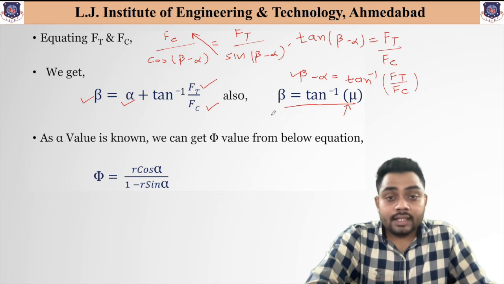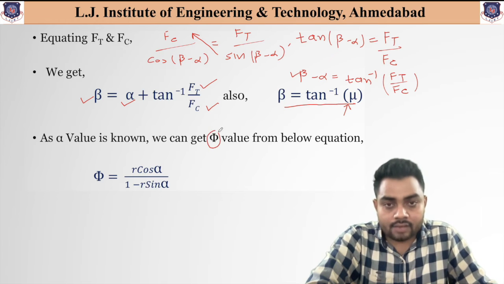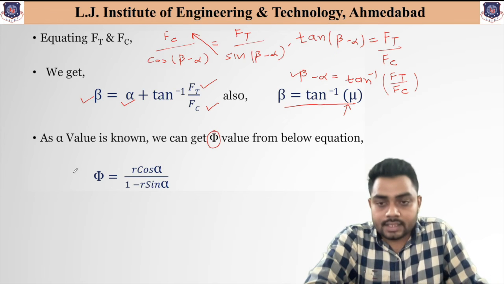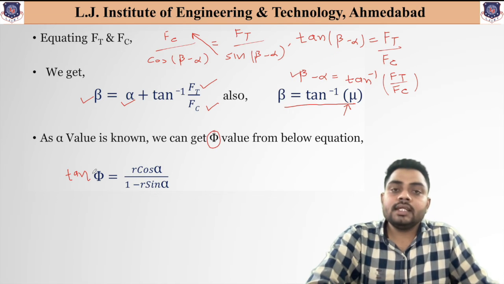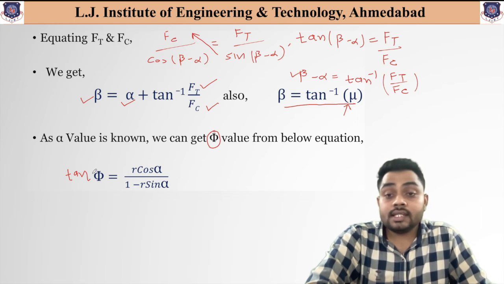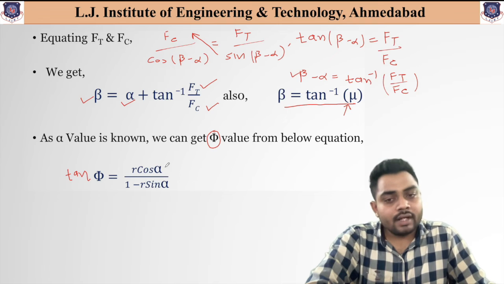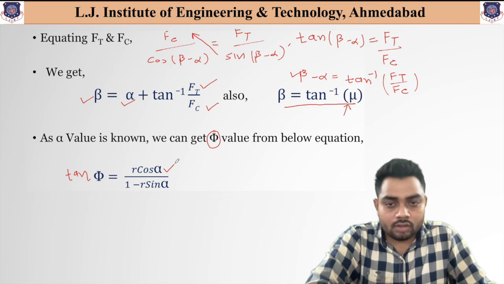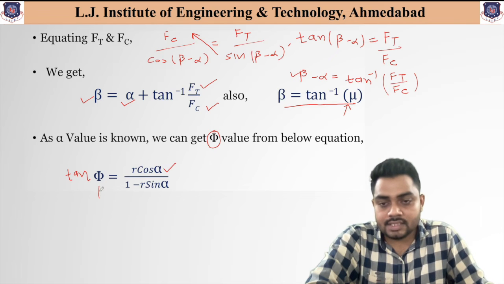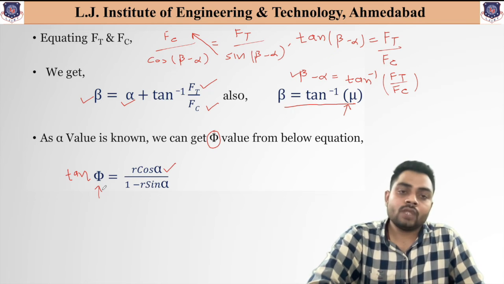And now, similarly, from all these relations we can also get the value of the shear angle phi, by using the equation that we have derived from the chip thickness ratio, and this equation is tan phi equal to r cos alpha divided by 1 minus r sin alpha. Now if we have a known value of alpha, that is the back rake angle, then we can easily get the value of the shear angle phi.